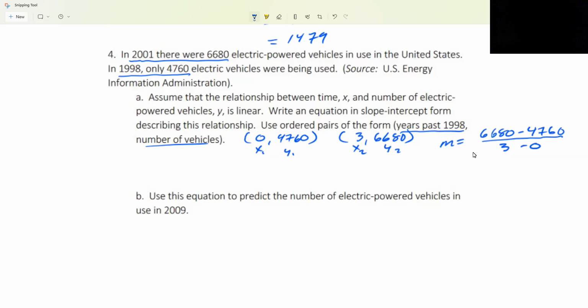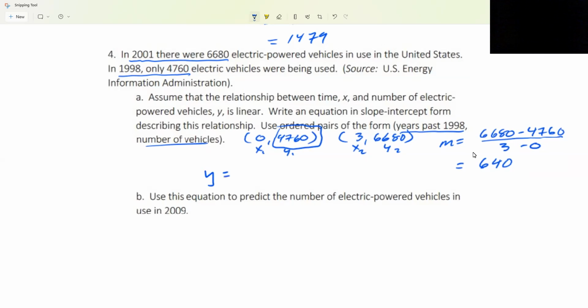Just make sure that you get the y's on the top and the x's on the bottom, because a lot of times people put the x's on the top and y's on the bottom, and that usually messes them up. Once you've done that, you're going to get 640. So that's your slope. We already know what our b is because that's right there, 4760. So we'll plug it in and make our equation.